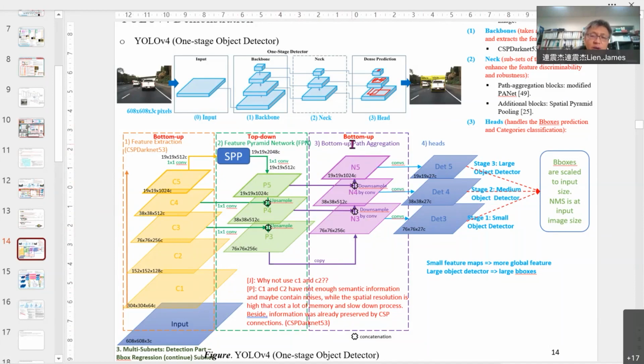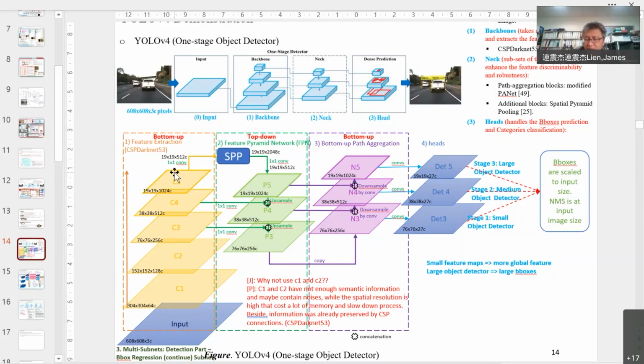We call it path aggregation, PA net, and this paper is PA net. YOLO V4 applies it in their neck, using PA net.